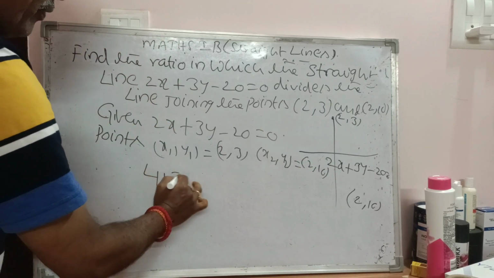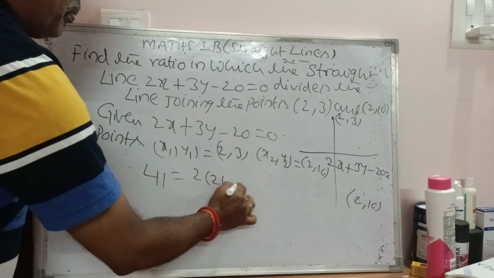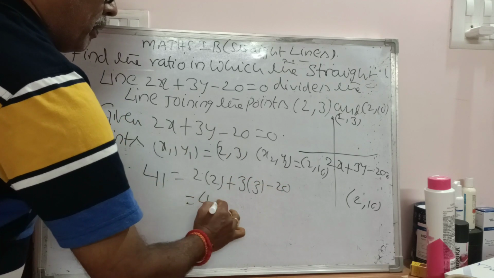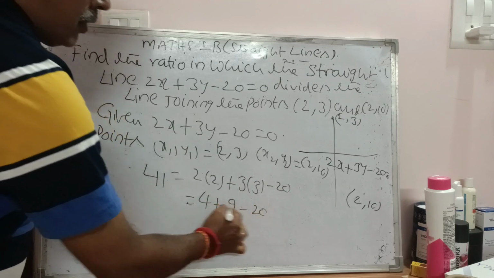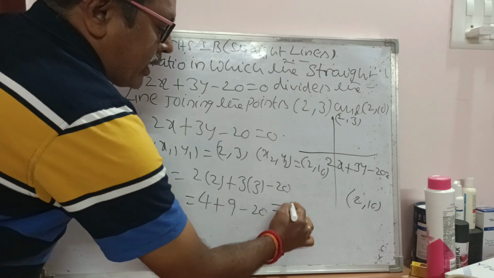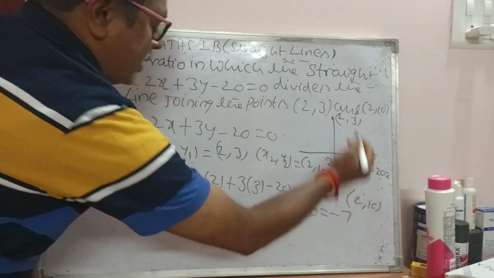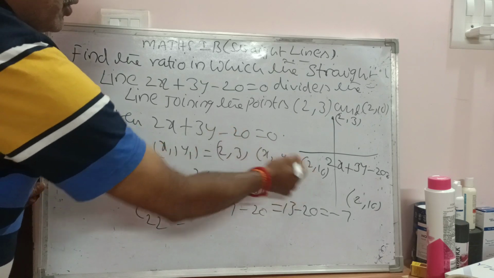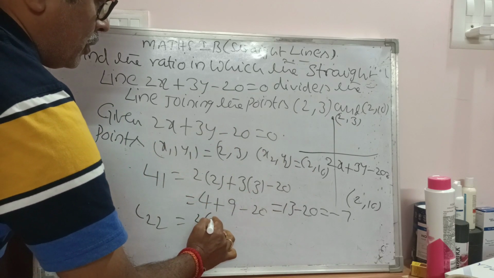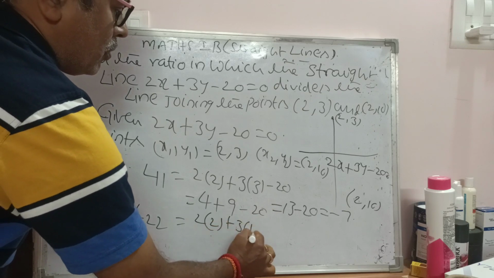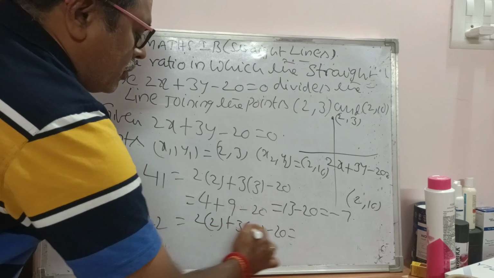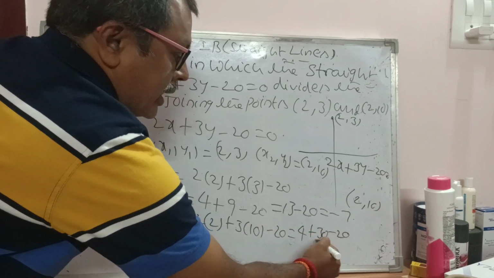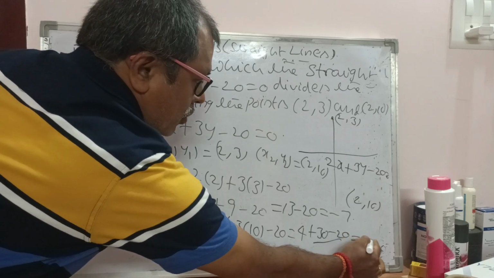Let us find L11: 2 into 2 plus 3 into 3 minus 20 is equal to 4 plus 9 minus 20. 4 plus 9 is 13, 13 minus 20 is equal to -7. L22: substituting the point (x2, y2), 2 into 2 plus 3 into 10 minus 20, that is 4 plus 30 minus 20, which is 34 minus 20, that is 14.